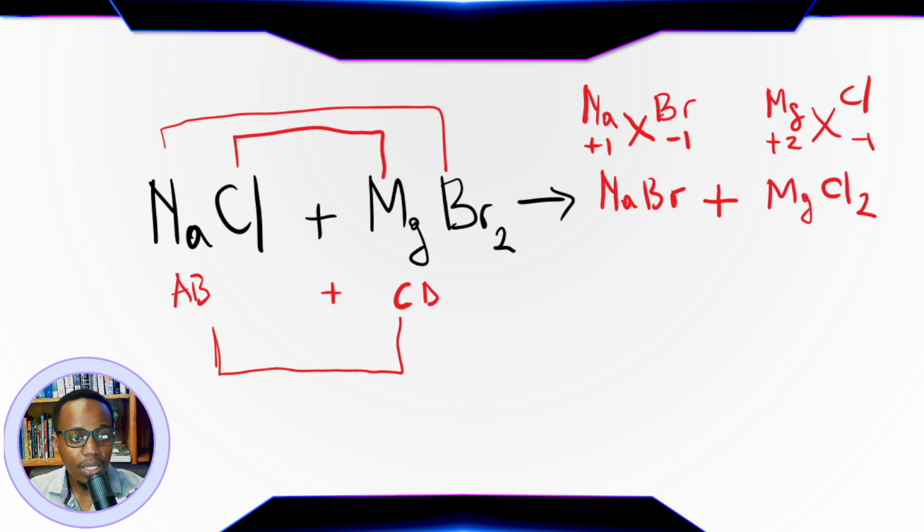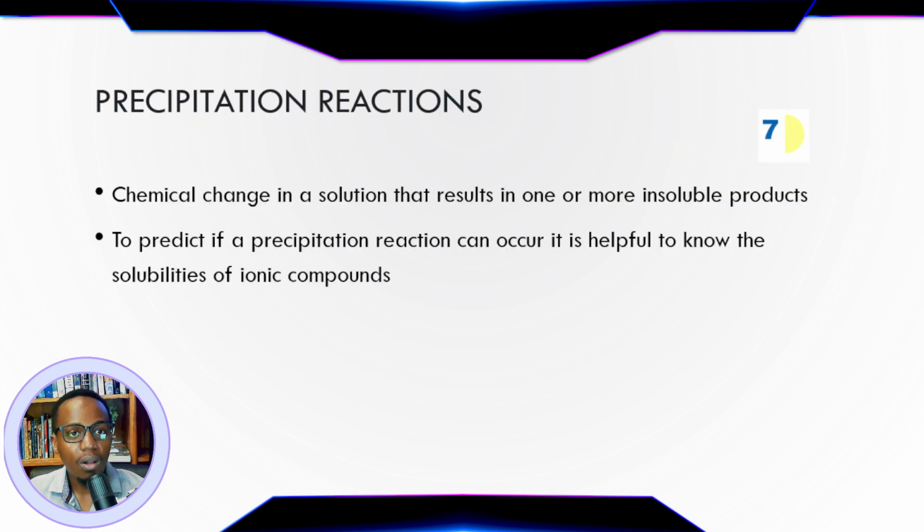All right, so let's look at... Oh, before we look at the next type of reaction, there's something interesting that happens when we mix these reactions, especially when we mix salts, meaning these ionic compounds. We make what we call precipitates, right?